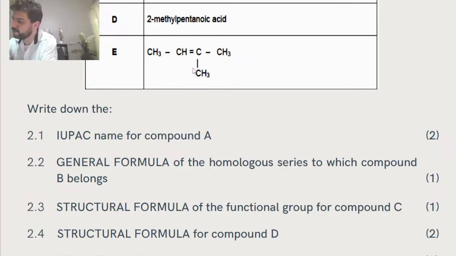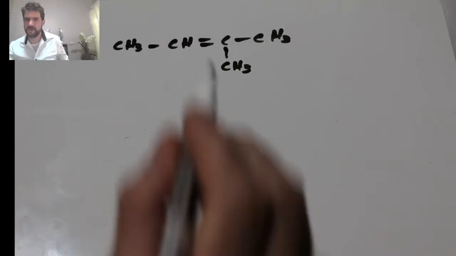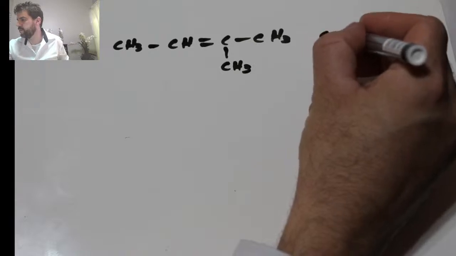We have here CH3 and then CH3. There we go. So now this here is compound E. Okay, I'm going to write it here.